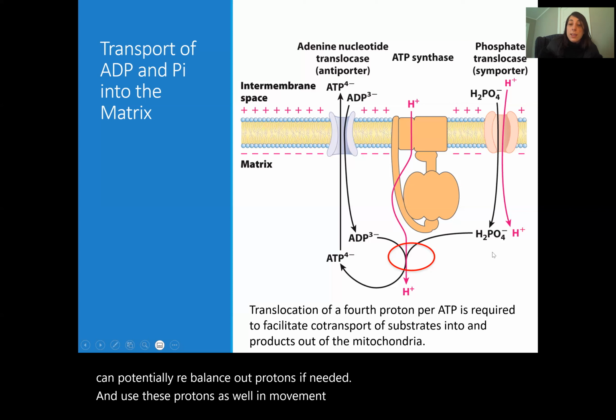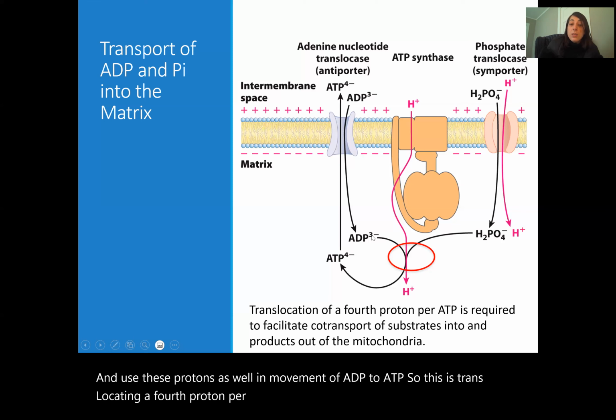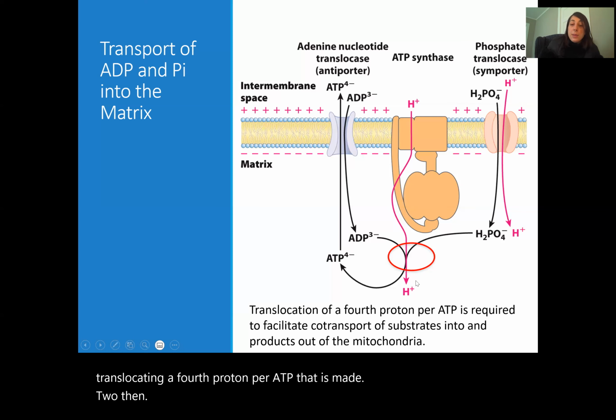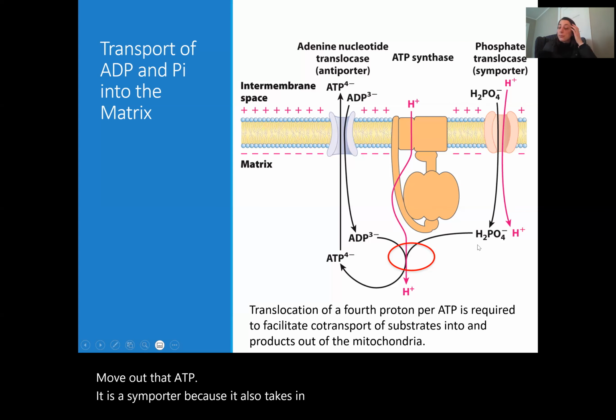So this is translocating a fourth proton per ATP that is made to then move out that ATP. It is a symporter because it also takes in a phosphate as well. That phosphate, of course, needs to be used.